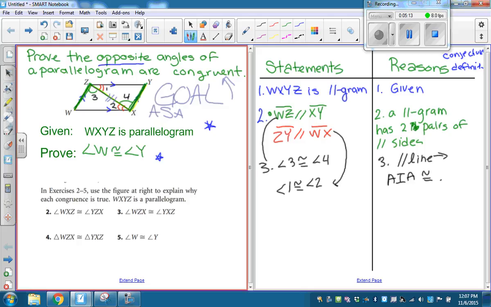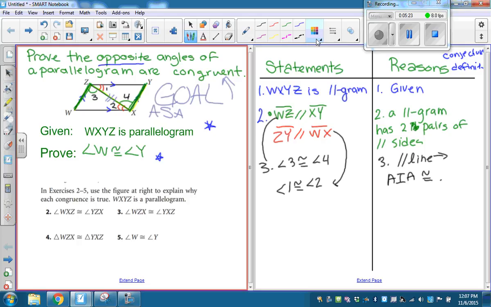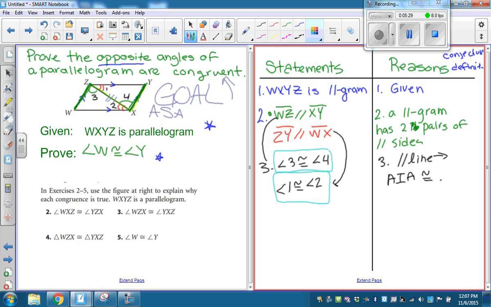So now I've got a couple of pieces of this proof done. I have this congruent statement, and I have this congruent statement. I need three, a congruent statement for each initial. So I have the two angles. Does that make sense? Question?